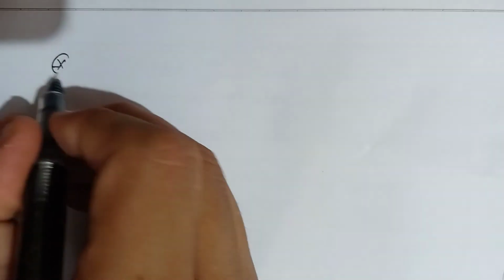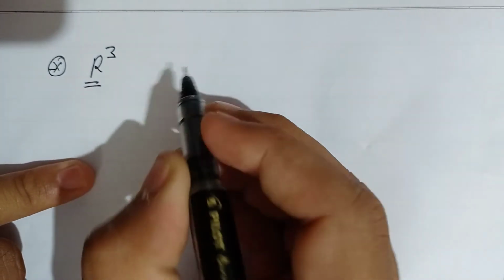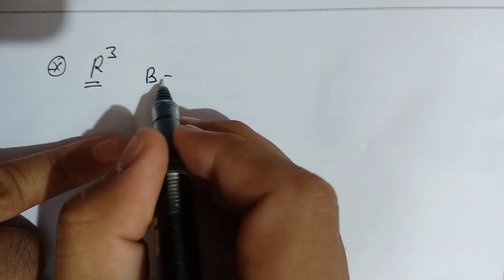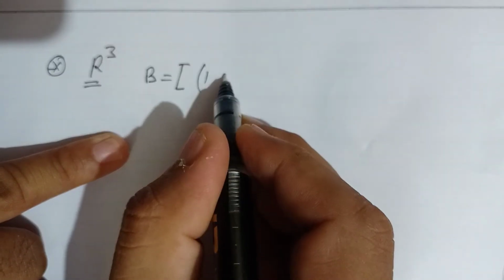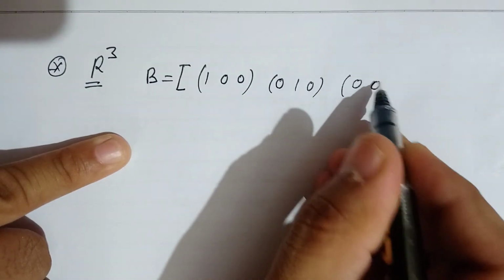If you take R3, the standard basis of R3 is (1, 0, 0), (0, 1, 0), (0, 0, 1).